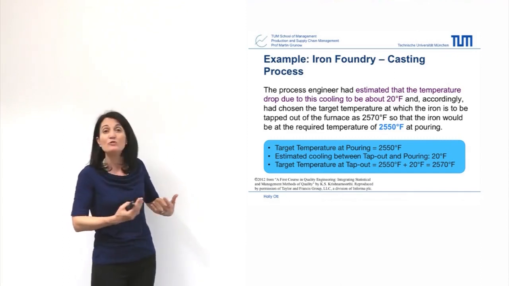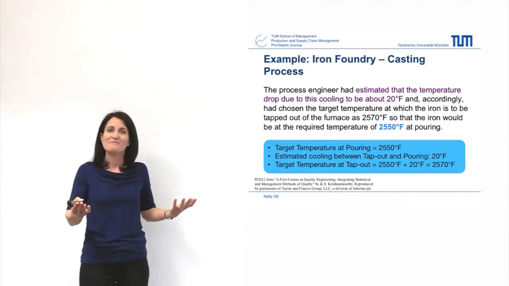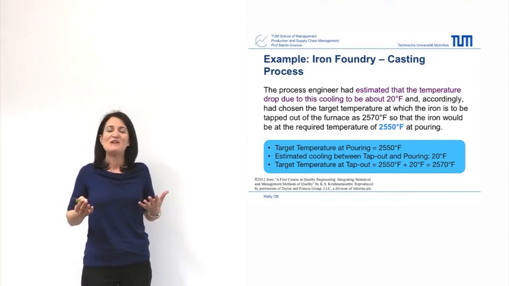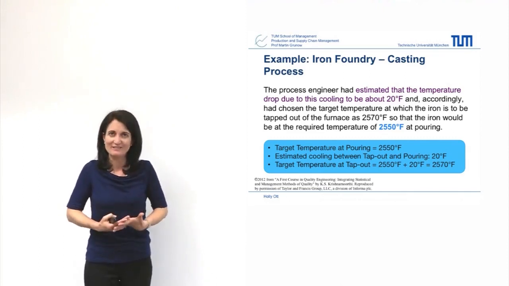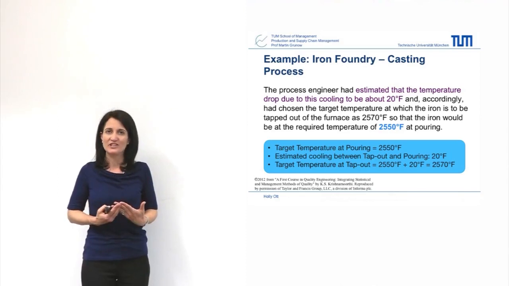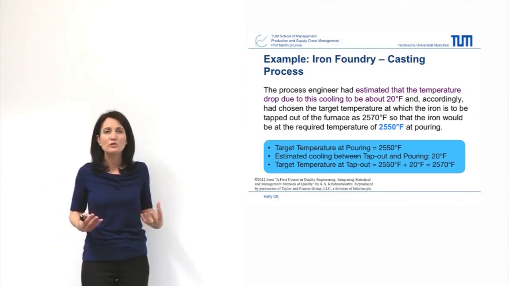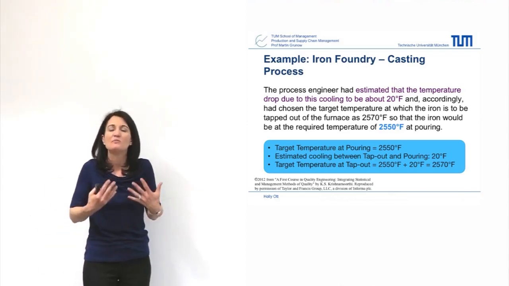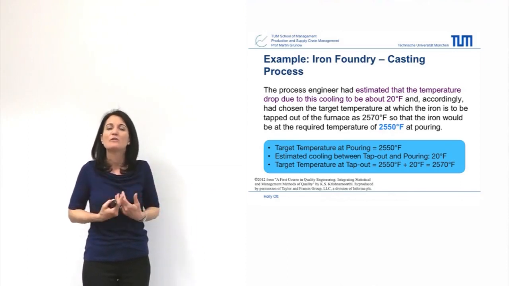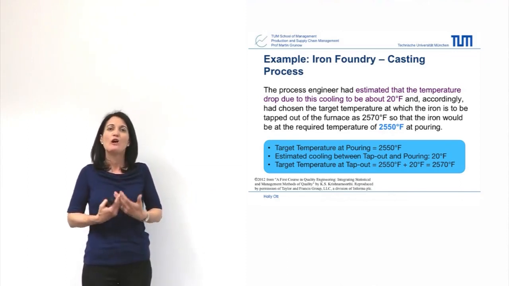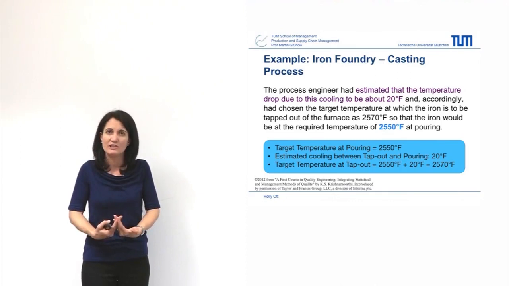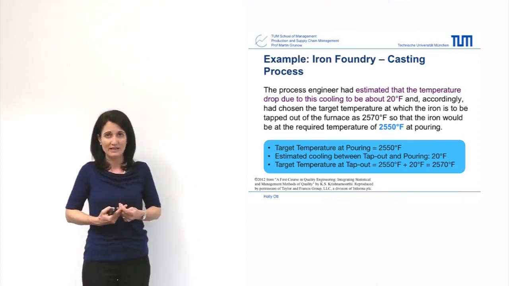If you know nothing about iron foundries and castings, this is exactly what I want you to feel right now. You are the quality engineer. You are taking the tools that you have learned and applying them in a setting where you are not the expert. How can you use your knowledge to help improve a process?